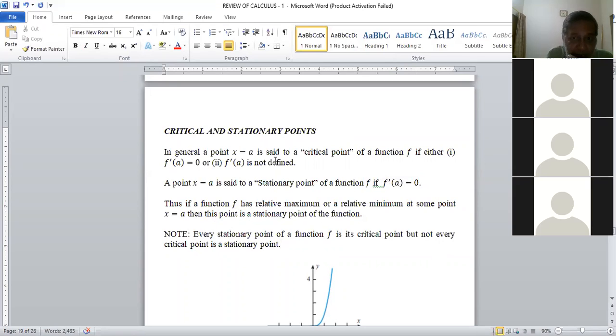लेकिन नोट करने की बात ये क्रिटिकल पॉइंट की डेफिनेशन से कि हर स्टेशनरी पॉइंट क्रिटिकल पॉइंट है, क्योंकि क्रिटिकल पॉइंट वो होगा जहां डेरिवेटिव या तो 0 हो या डिफाइंड ना हो। तो स्टेशनरी पॉइंट पे डेरिवेटिव 0 होता है तो स्टेशनरी पॉइंट भी क्रिटिकल पॉइंट है, but every critical point need not be a stationary point.